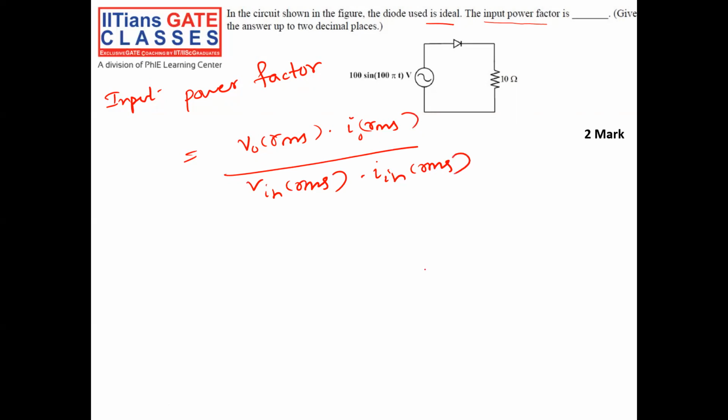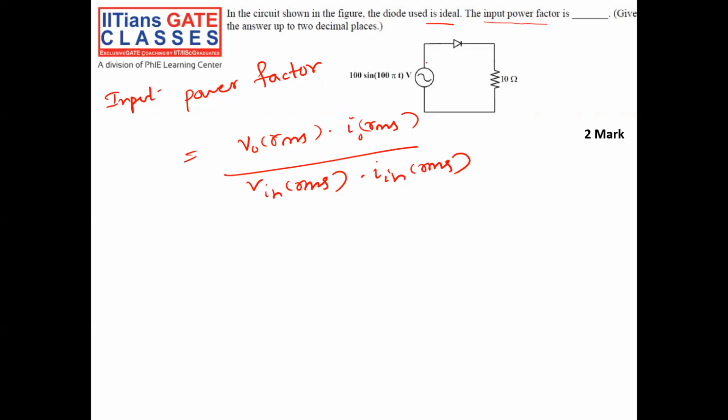This is the formula for input power factor. In this, you have to find V output RMS, I output RMS, I input RMS and V input RMS.